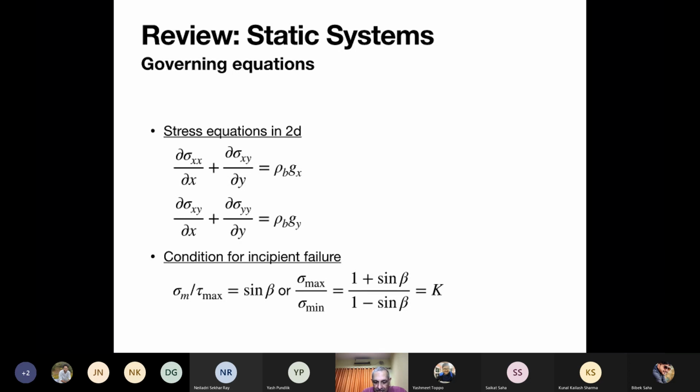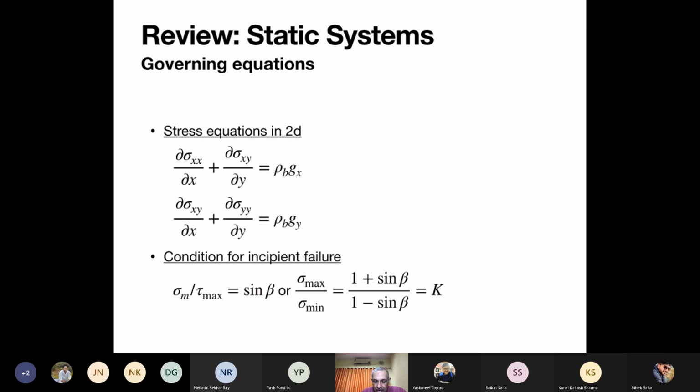So we need one more equation, and that equation is given by this condition of incipient failure, which is what we say is that at any point, the system is always at the yield point. So sigma m by tau max is equal to sine beta. That is the condition for yielding.